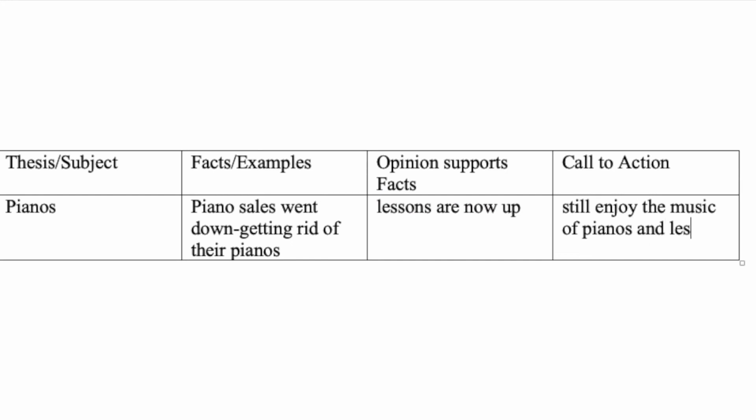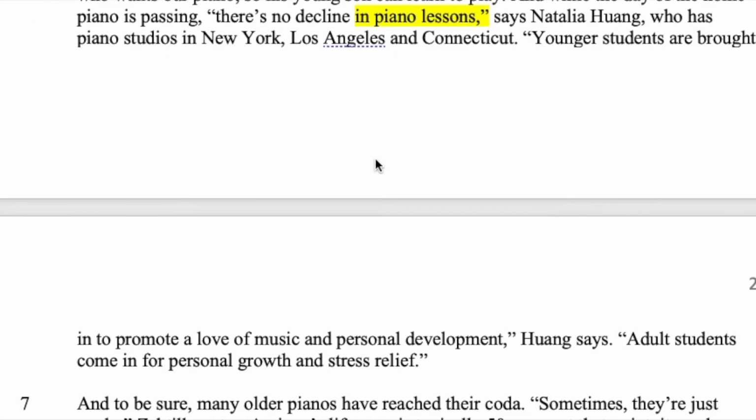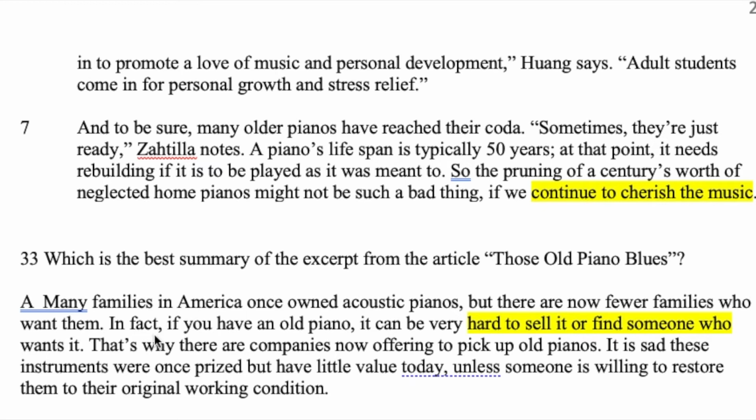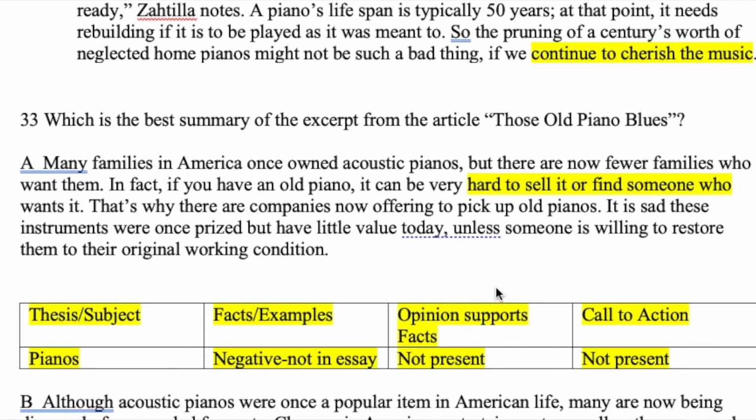And lessons, right? So basically, what you're going to do is when you get a question, an option, you're going to see if it relates to what you have written down. So when you look at answer option A: many families in America once owned acoustic pianos, but now there are fewer families. So okay, yes, they talk about pianos.